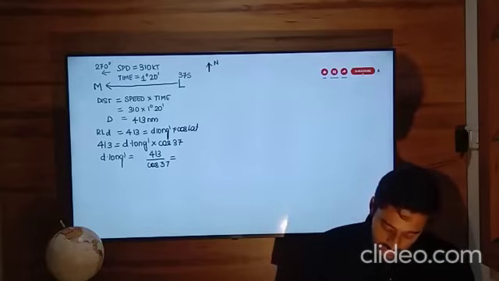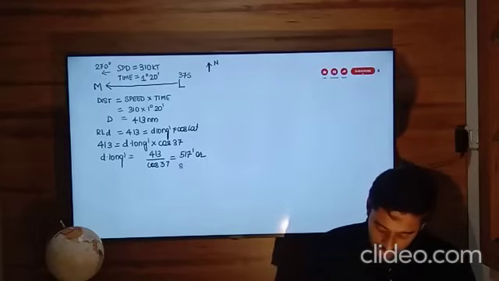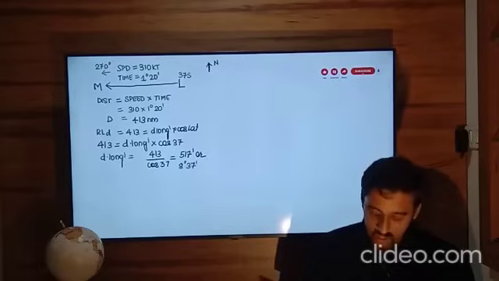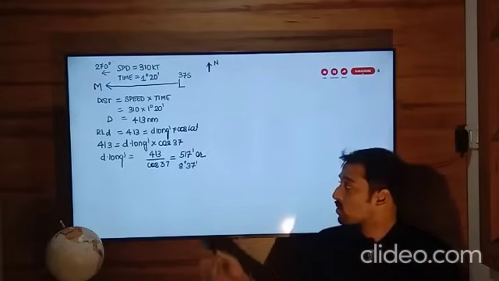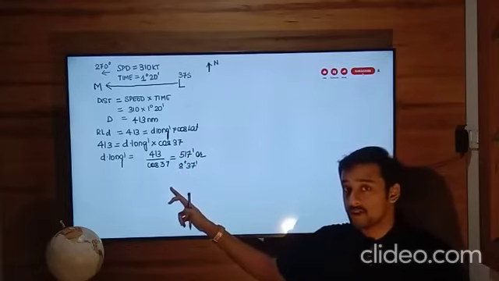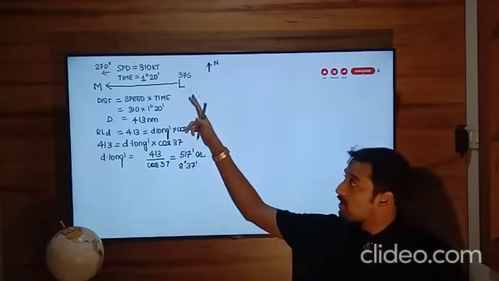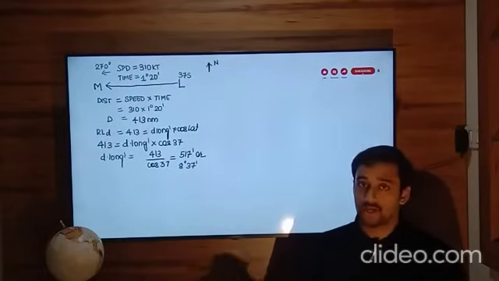So that is 517 minutes, or 8 degree 37 minutes. So that is your D long. Let's stop here because we won't be able to go any further, because we don't have any longitude. So there is no point, we will have to stop at this point.